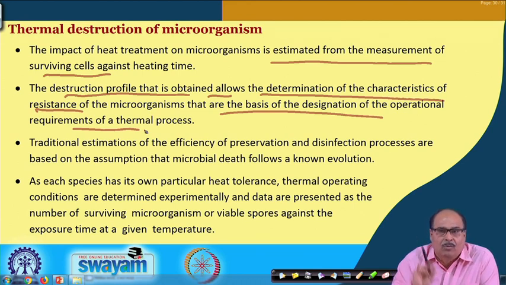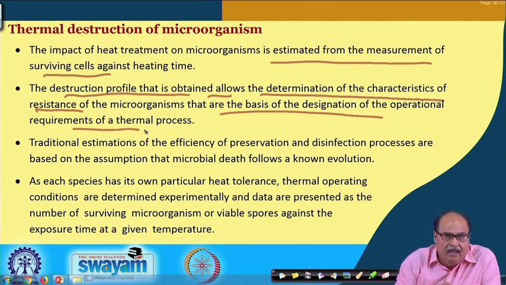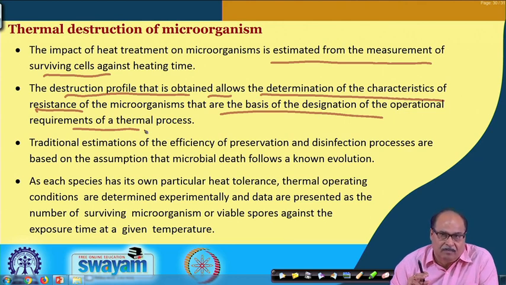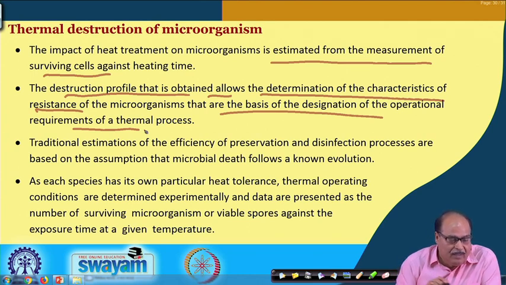That is, what should be the time temperature combination of a thermal process. This is mostly based upon the total energy input that is required for the inactivation of the most heat resistant form, generally the spore of the bacteria.